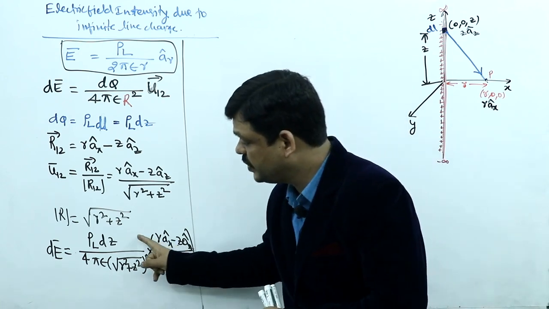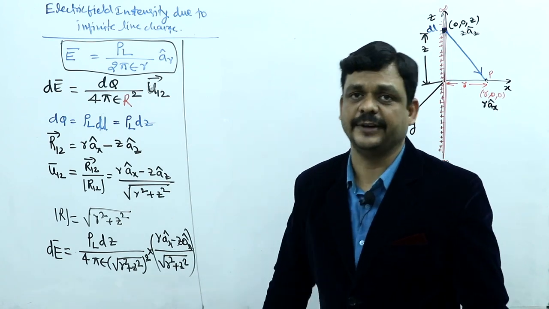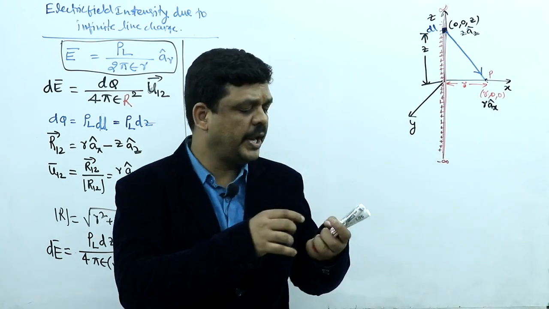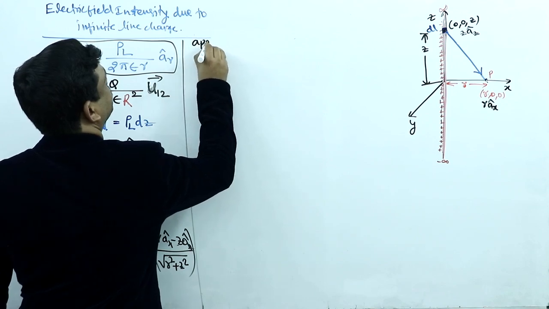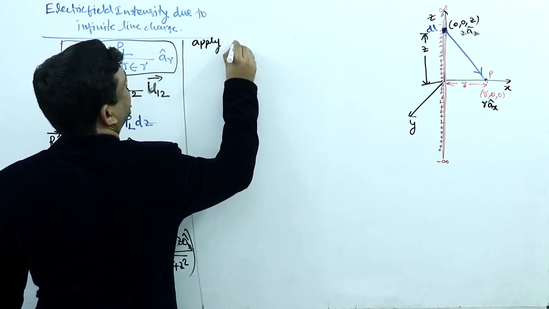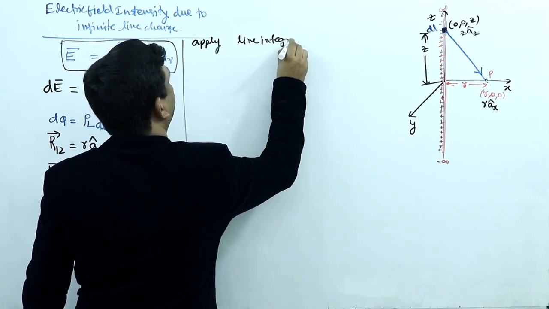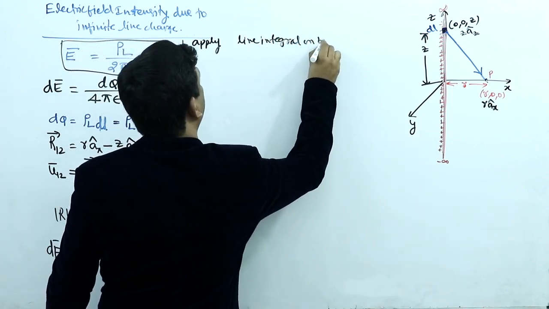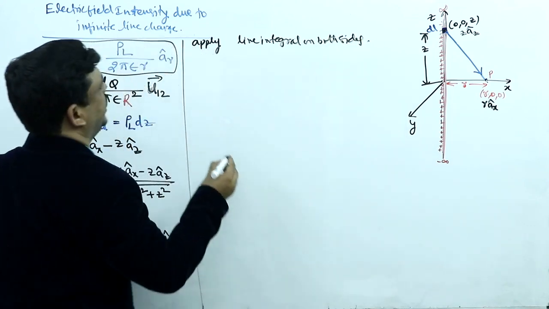That depends on this. Here only one parameter is there, so a line integral is enough, right? So apply the line integral on both sides.